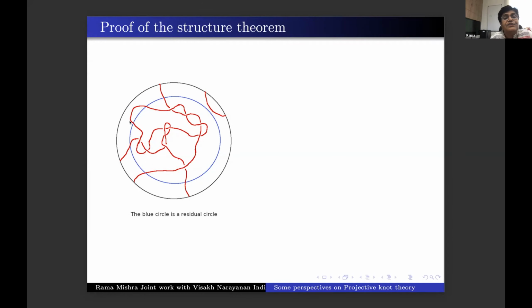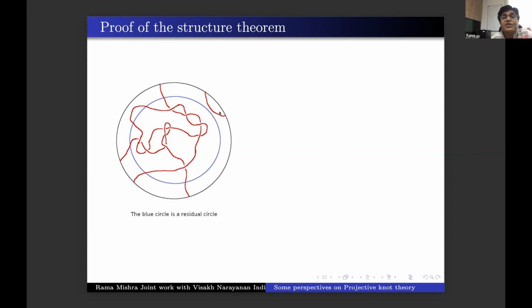Even though I drew a circle like this, this particular arc is not really going to the boundary. So we can either enlarge it and make it intersect, or we can push it inside and draw a bigger ball and put this arc inside.